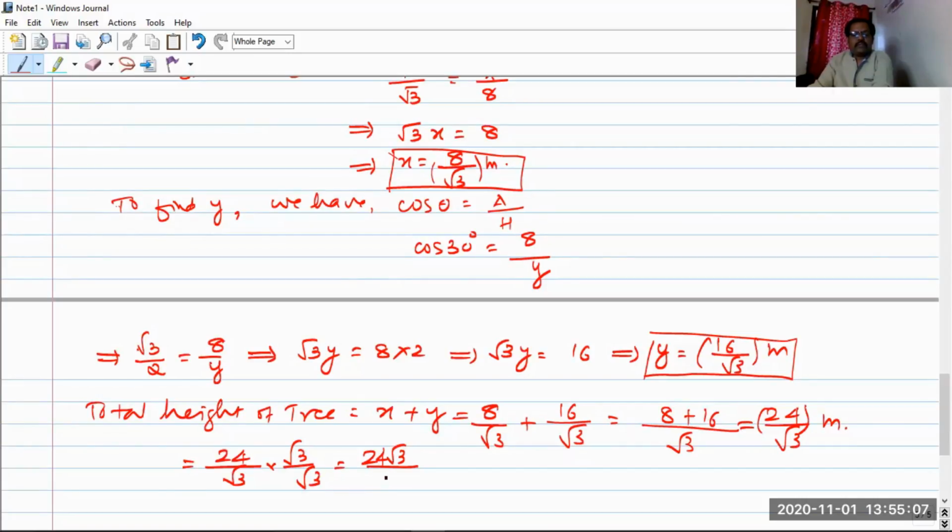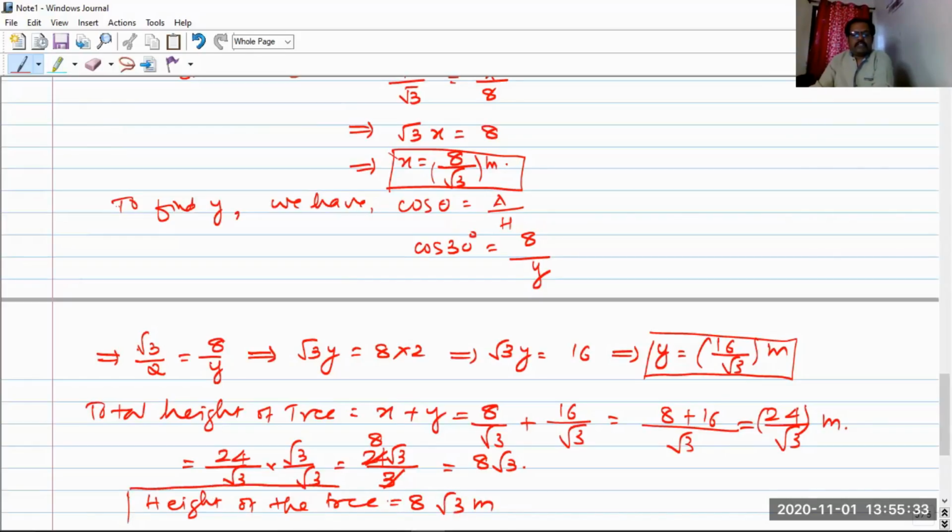So square and root will be cancelled. We are left with 3 only. Now we can simplify this 3 with 24, which is 3 eights 24. So which gives us the height of the tree. We can write the height of the tree is equal to 8 root 3 meters.